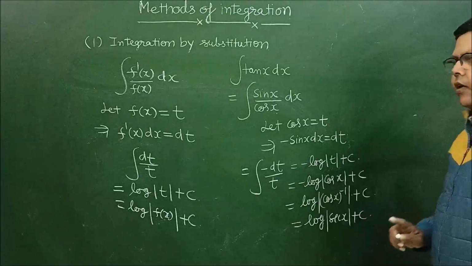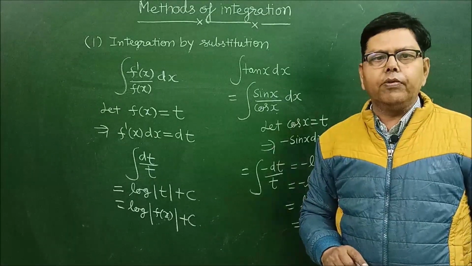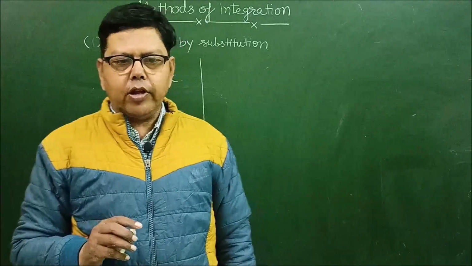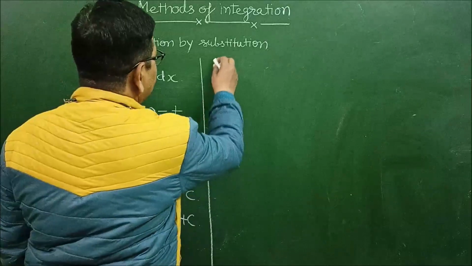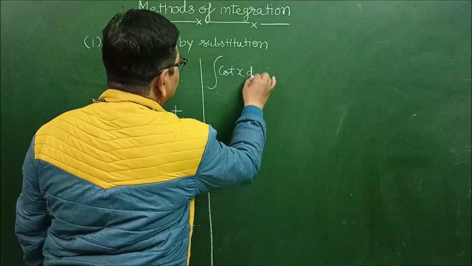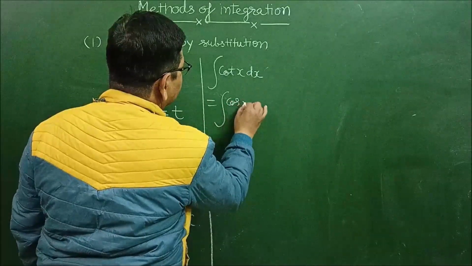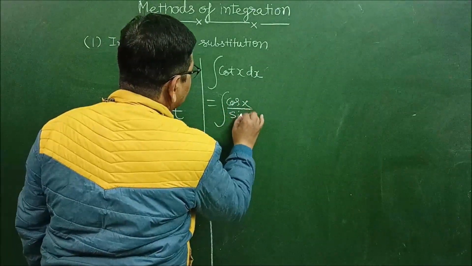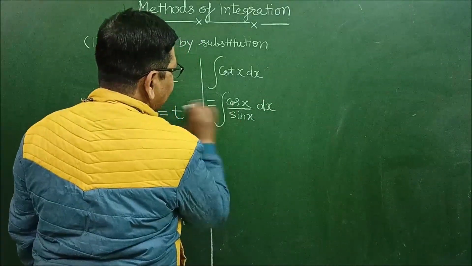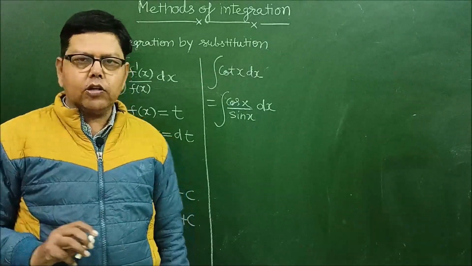Now let us discuss the next integral, integration of cot x, which is in the form of f dash x upon fx. So integration of cot x dx is equal to integration of cos x upon sin x dx. Now the differential of sin x is available in the numerator. So let sin x is equal to t.